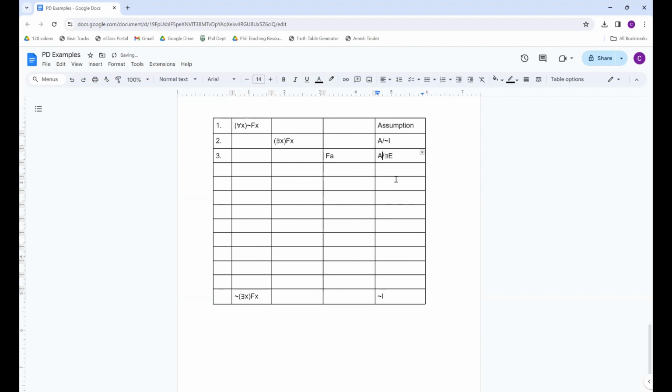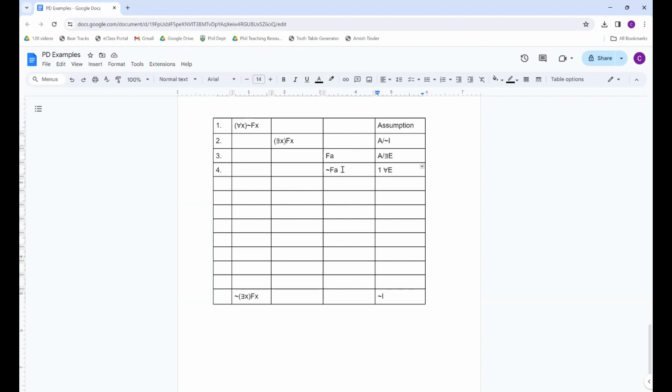And then, well, then what we can do, you can see, we can get a contradiction right away, because we have this for all x not Fx. So from that, we can get not FA by universal elimination. And we have a contradiction here.